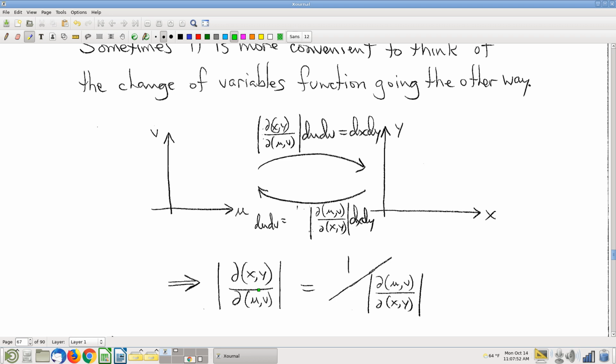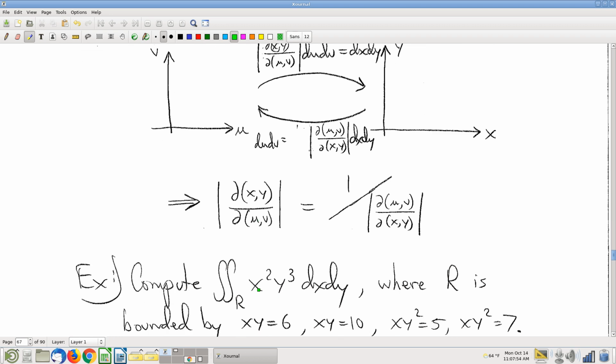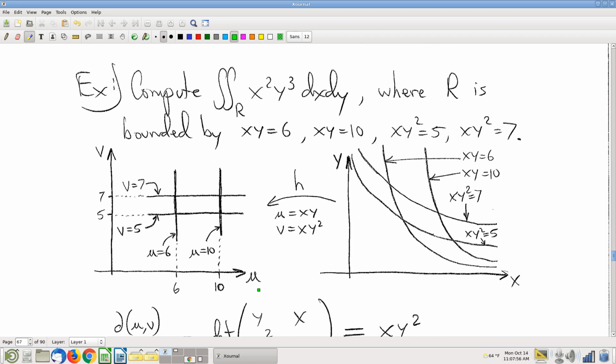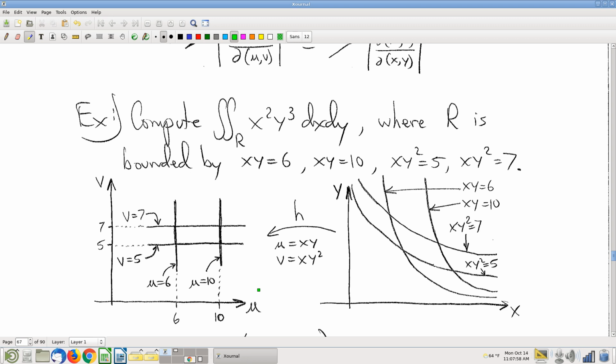Okay. The determinant. With that in mind, this next example is a clever example. I wish I'd thought of this, but it was shown to me at an early age in my learning of the material. Suppose my domain is this domain here that is bounded by four curves.